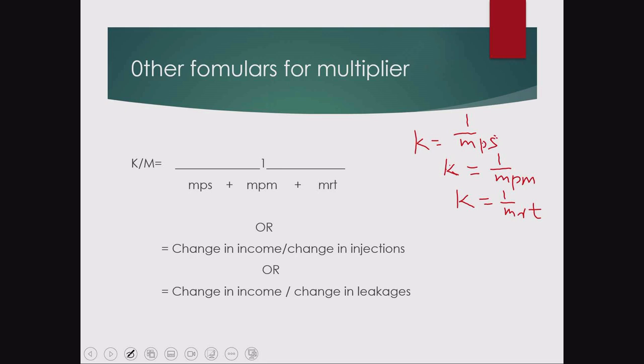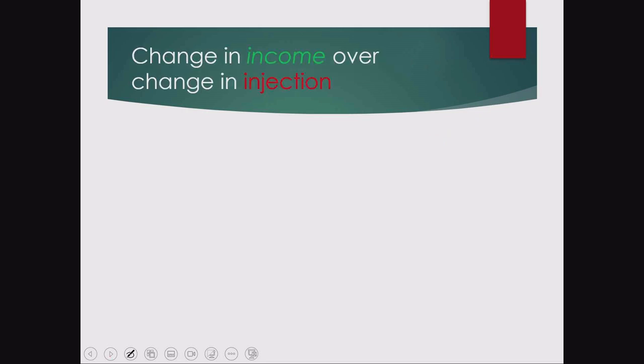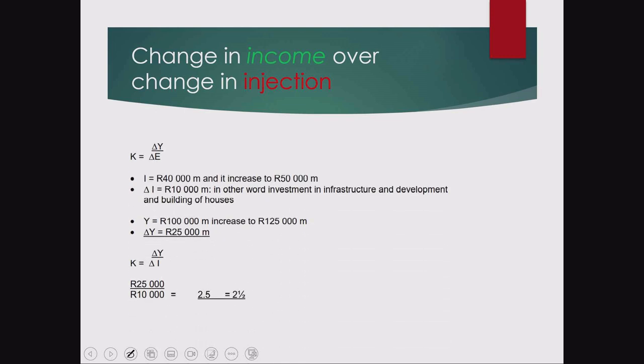These are other formulas that you can use to calculate the multiplier depending on what you are given. Now there's also this other formula which says change in income over change in injection. This is one other formula that you can use to calculate the multiplier, or the change in income over change in leakages. You find a situation like that.